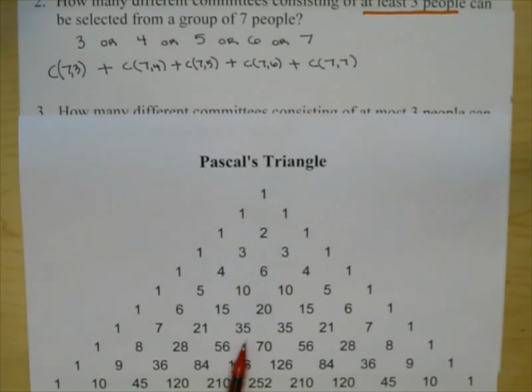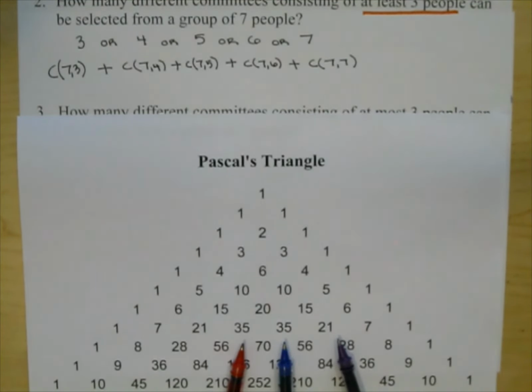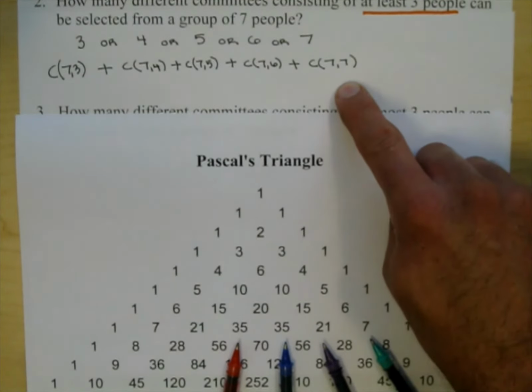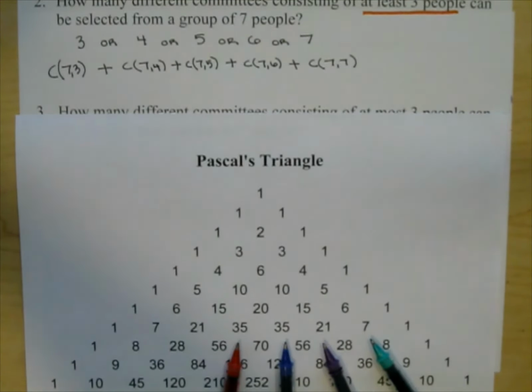And 7 choose 4 is 35. And 7 choose 5 is 21. And 7 choose 6 is 7. Such high tech. 7 choose 7. I'm running out of pins here. I have a pin. It's that guy right there.